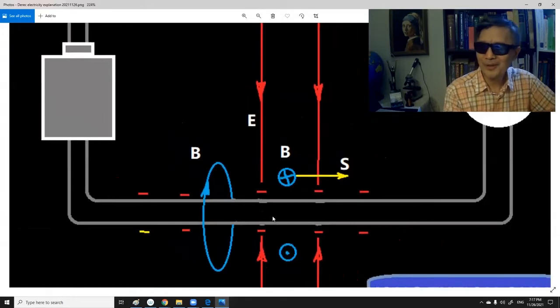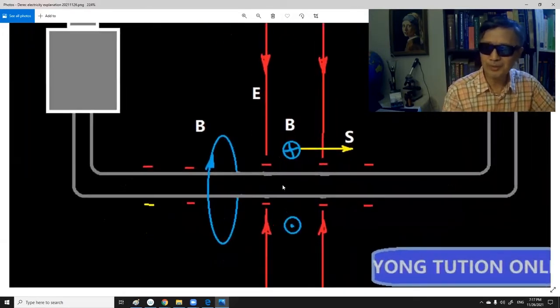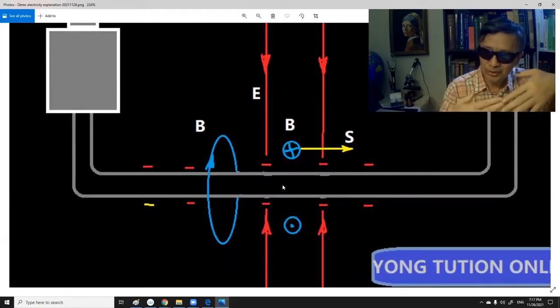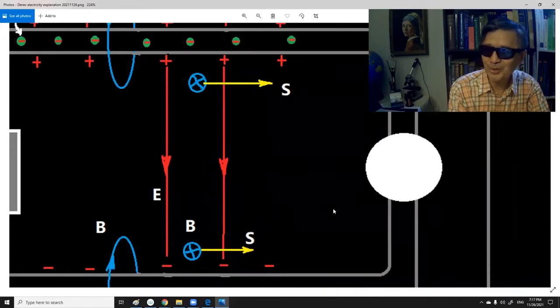Well, anyway, according to this assumption, you can see the electric field will be moving into the wire from all directions. Therefore, again, you can work out that the direction of the Poynting vector still goes along the surface toward the electric bulb.